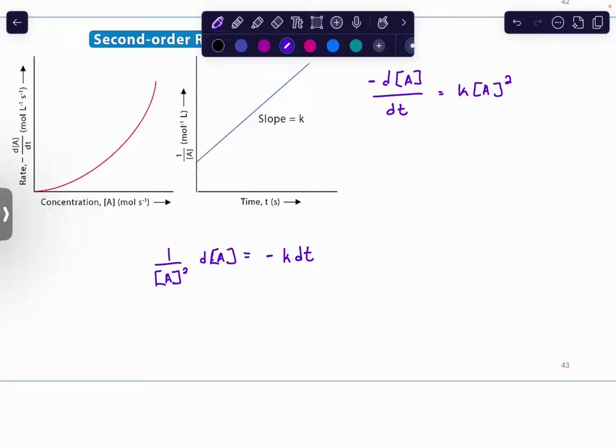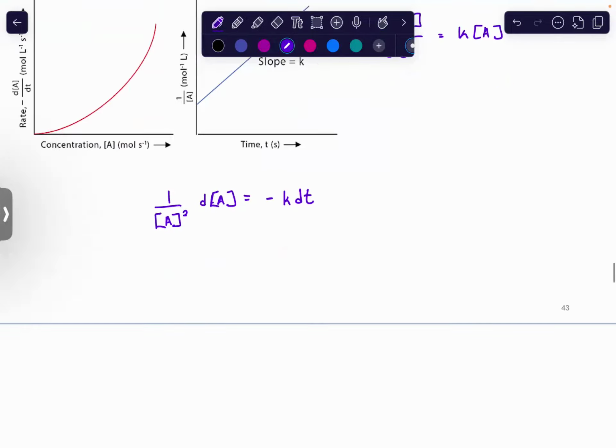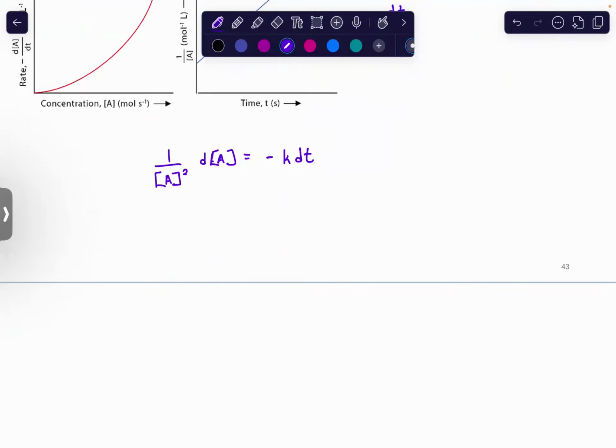You saw how the integral on the right works the last time, so we just know that that's going to come out to be negative kt. That's going to be the same every time. But on the left here, so we're going to get this.